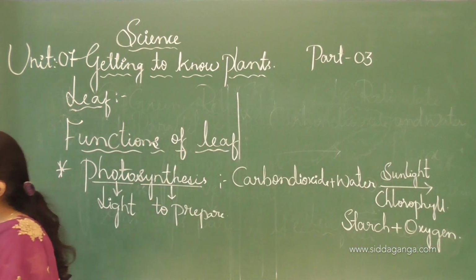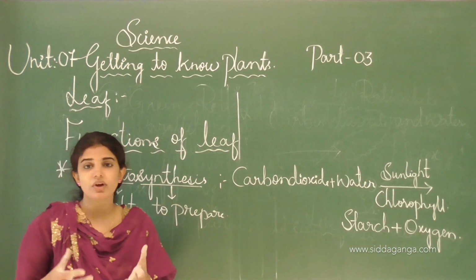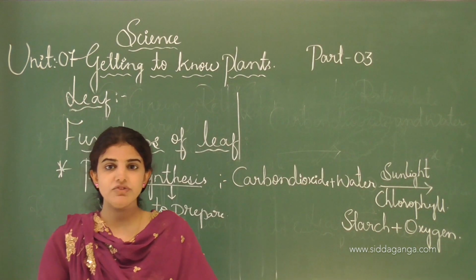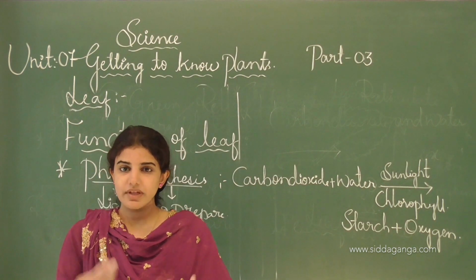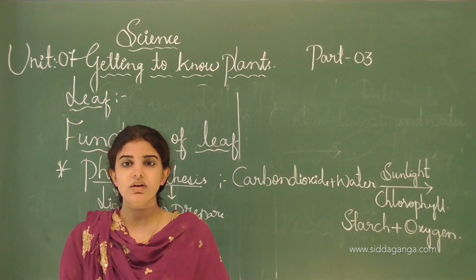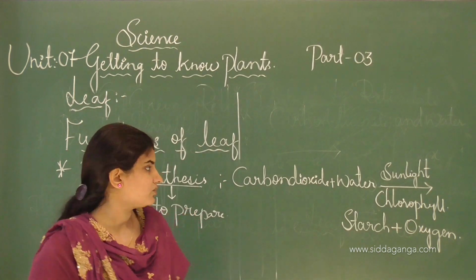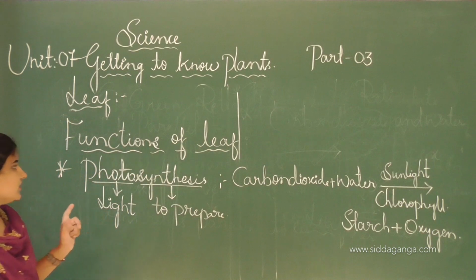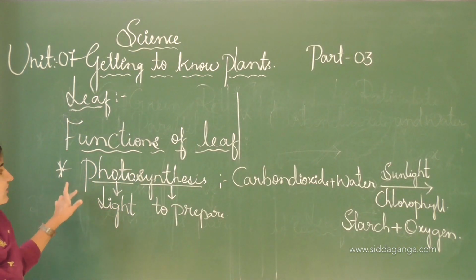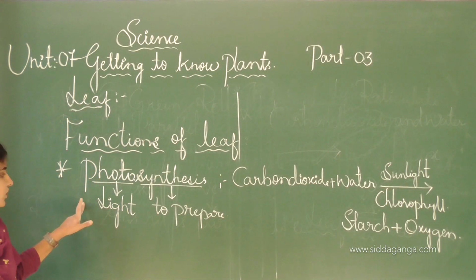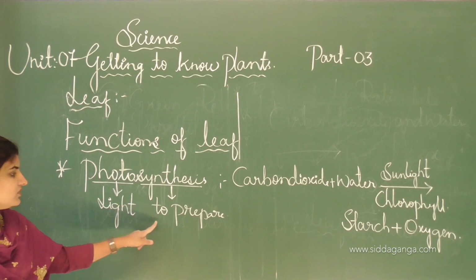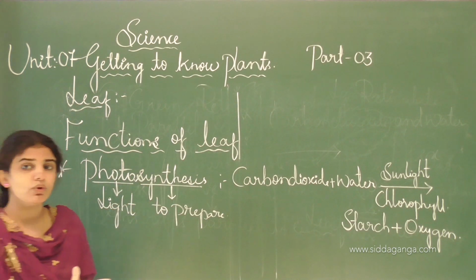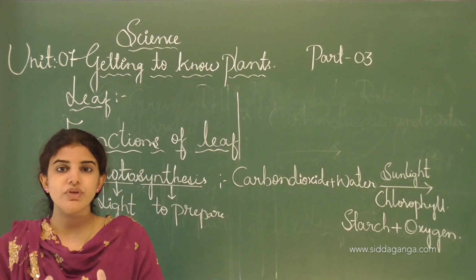As we all know, plants give us oxygen, and plants provide many more things to us and all living organisms. The main function of the leaf is photosynthesis, where photo means light and synthesis means to prepare. Like in our home, your mother prepares the food items for you.